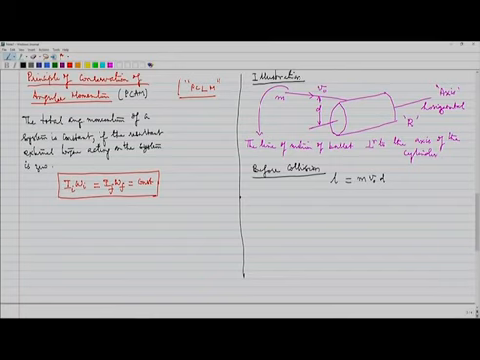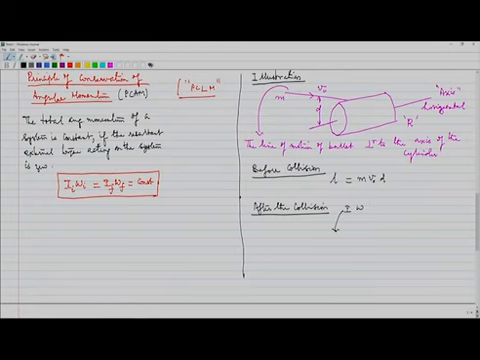Okay, after the collision, what is its angular momentum? Its angular momentum is I times omega. What is the I?